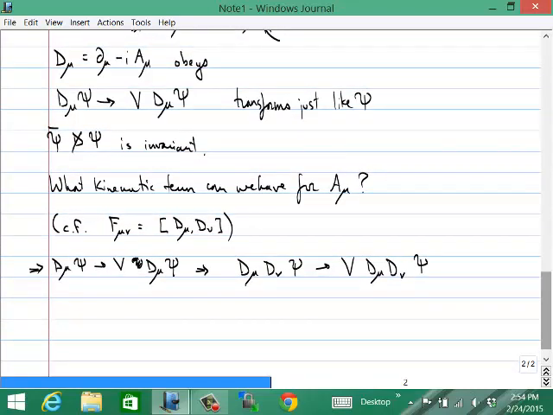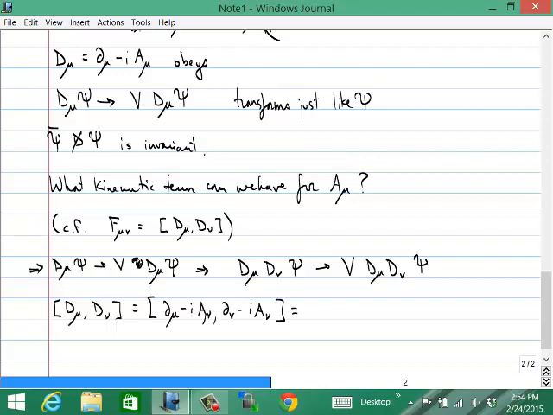So you could then consider the commutator of two covariant derivatives, just as you did in the case of electromagnetism. And what is that? Well, that's the commutator of d mu minus i A mu with d nu minus i A nu, just as it was in the case of electromagnetism.